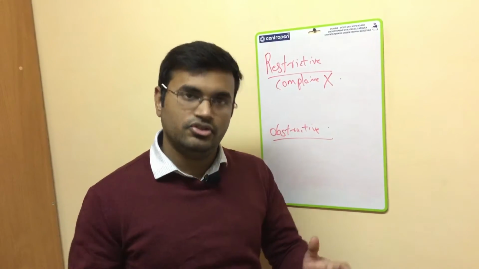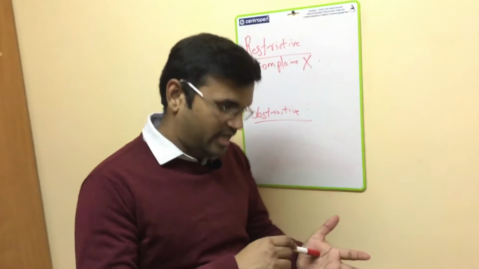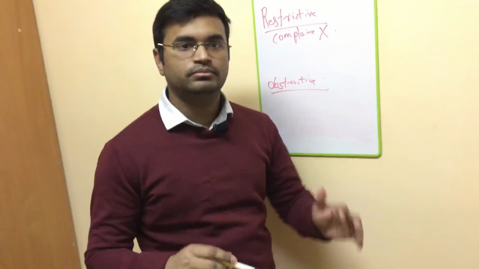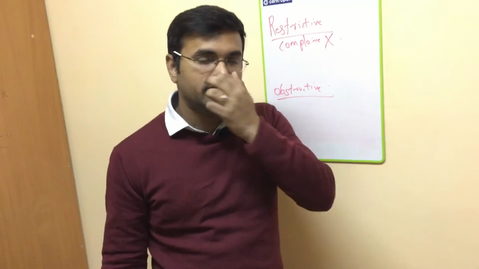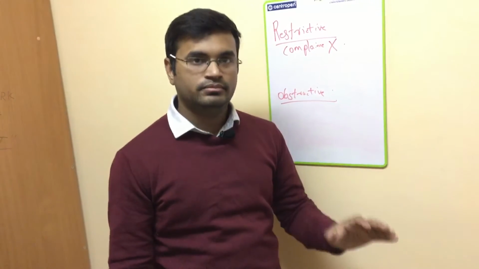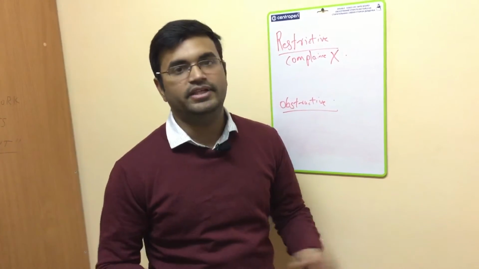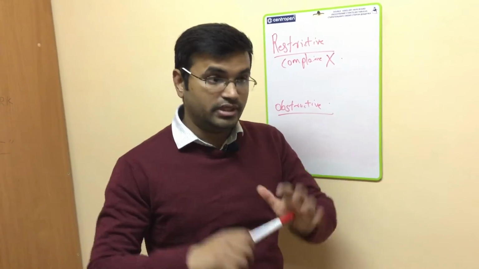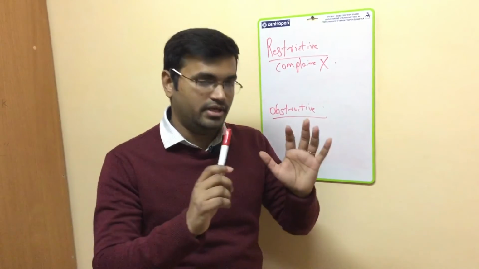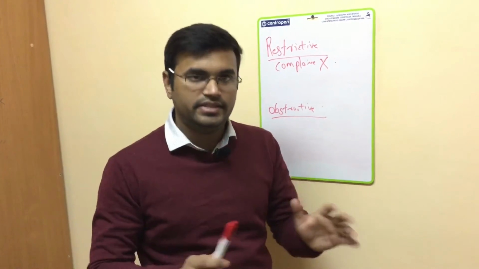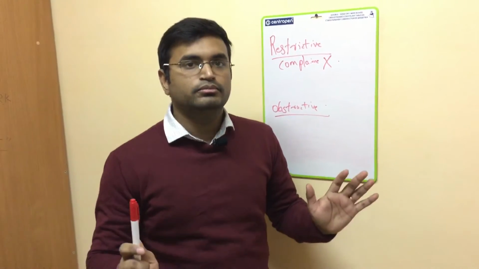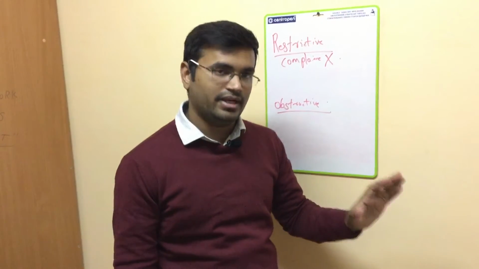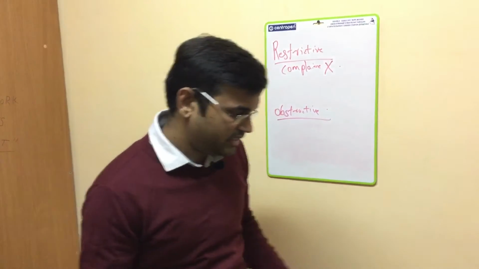Like this, rapid and shallow. If you see a patient breathing like this, he is having restrictive pulmonary disease. The suitable way of breathing for a restrictive pulmonary disease is rapid and shallow. Okay, this is okay friends.